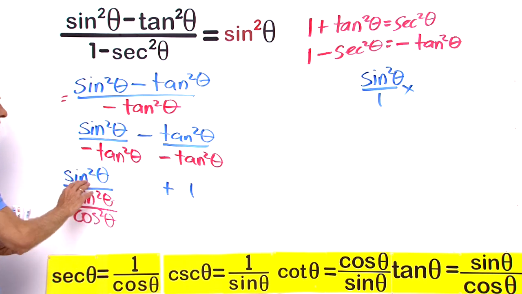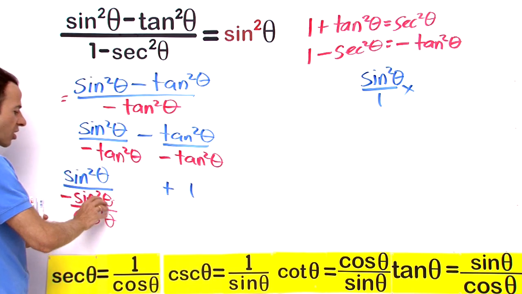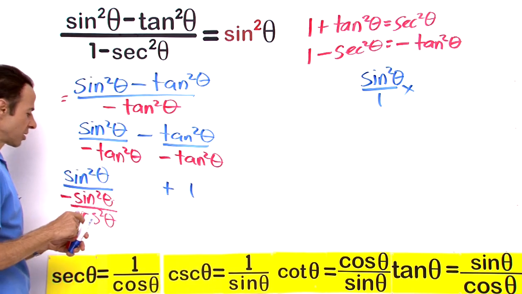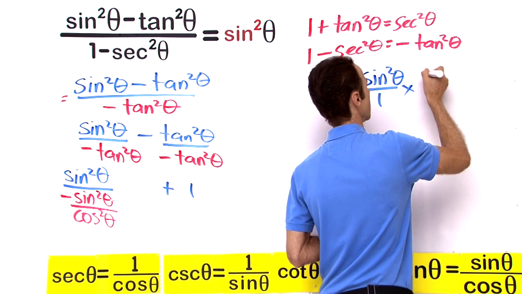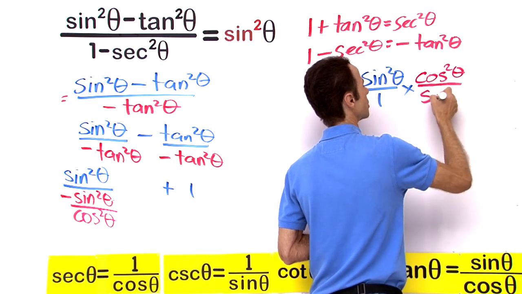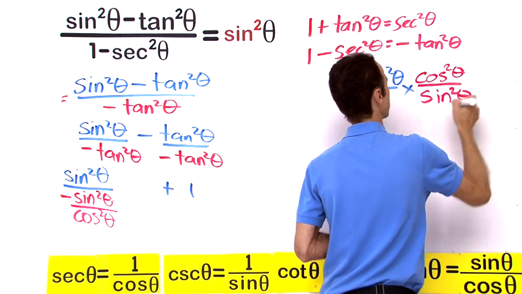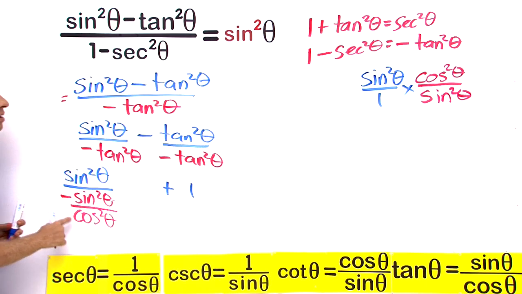So there's our sine squared again. That's what I wrote just before. So let's take these, turn them upside down, and multiply by them. If I turn it upside down, it'll become cosine squared theta all over sine squared theta. And of course, we're going to have the negative sign on it.